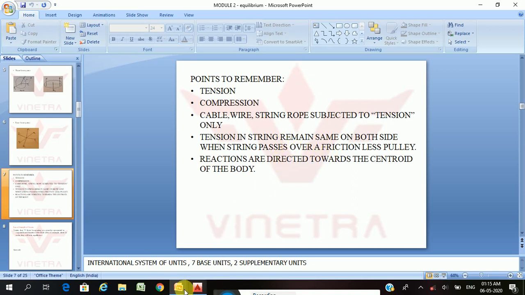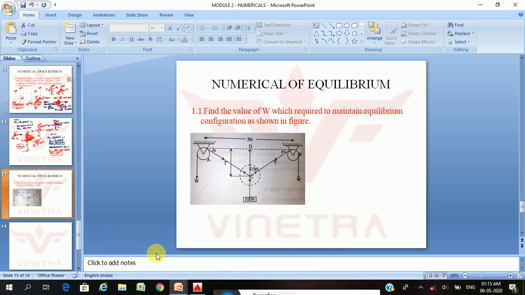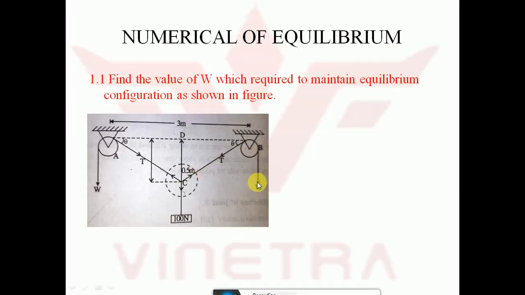So see here what is happening. This is the weight attached here. This string or rope is passing over a pulley. This is the pulley attached here, and this rope is passing over this pulley. So the tension of this rope at this point and the tension at this point will be the same.